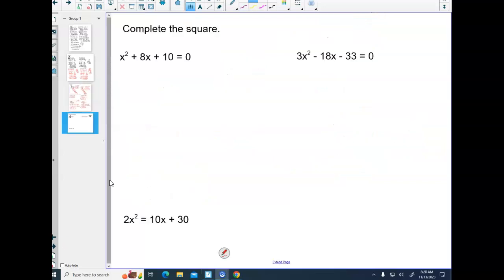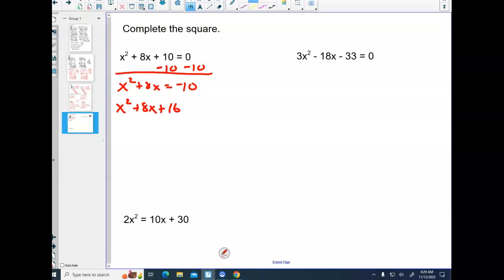Completing the square, the first thing that has to happen is we have to have a 1 in front of x squared. If that happens, we can go right to our next step, which is moving the constant to the other side. So x squared plus 8x equals negative 10. And then the trick is taking half this middle term, which is 4, and squaring it.